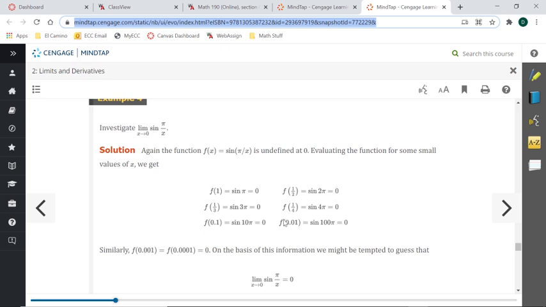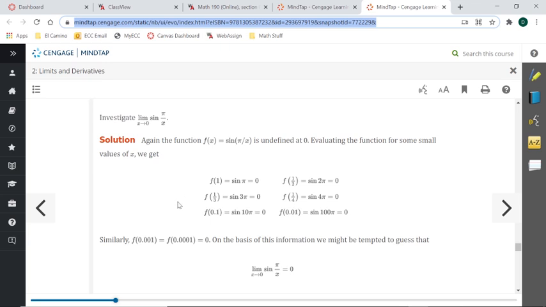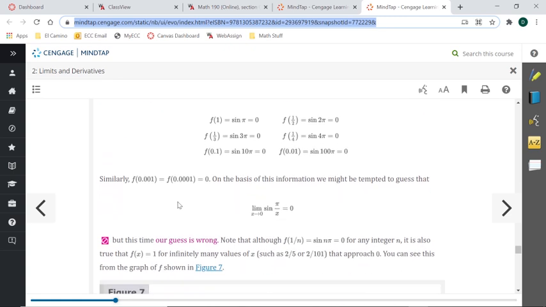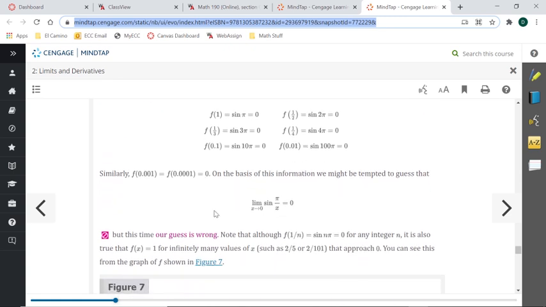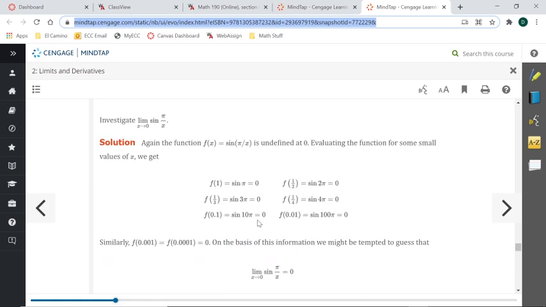But there's a flaw here in that it just turns out that the numbers they were plugging in happened to be outputting 0 every time. And if they had chosen a number that was not in this list, it could have demonstrated that no, this wasn't really going to 0. We can better see that by looking at the graph. Our guess is wrong. Although f of 1 over n is always equal to sine of n pi.